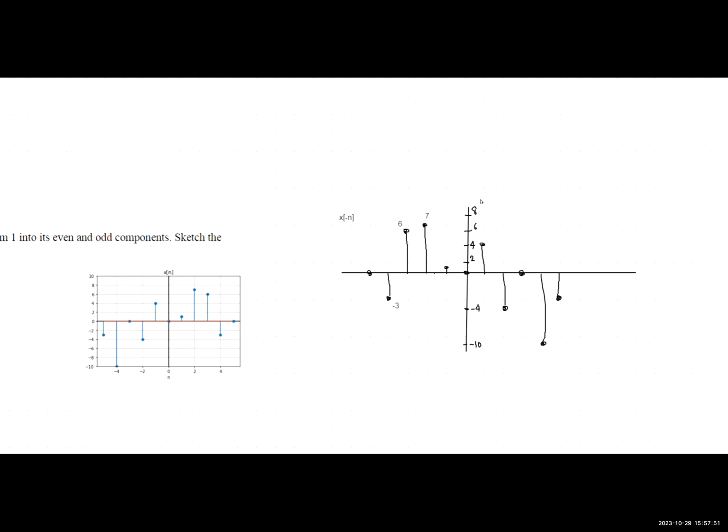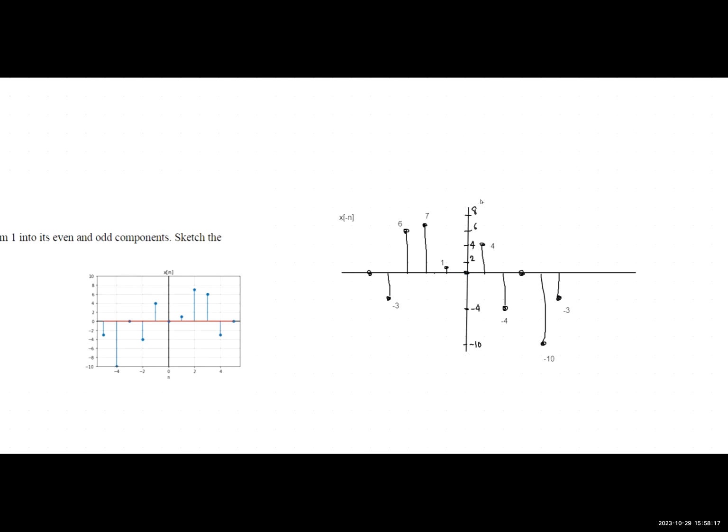Value of this is 1. Value of this is 4. Value of this is -4. This is -10. And this is -3. All right, great. So now we have x of minus n.